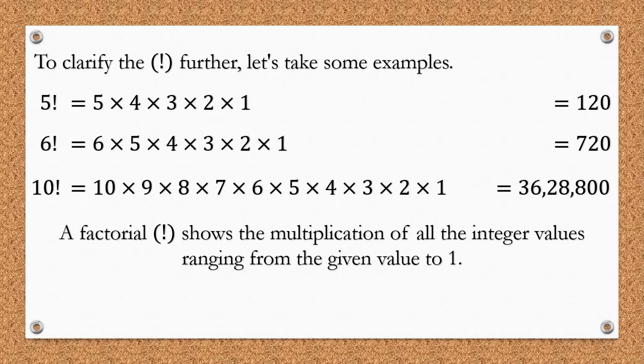For 10 factorial, it is 10, then minus 1 is 9, minus 1 is 8, minus 1 is 7. This way I am multiplying all the values. So for n factorial, n, then minus 1, then again minus 1 makes it n minus 2, then again minus 1 makes it n minus 3, up to 1. All the values are multiplied.